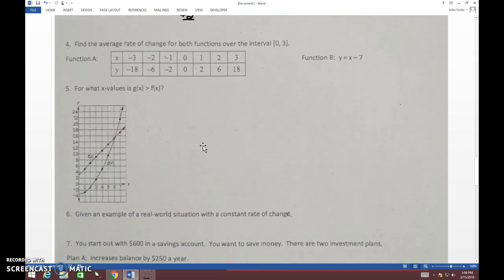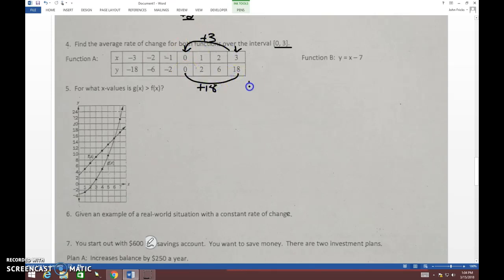All right. So in number 4, it said find the average rate of change over the interval 0 to 3. So that means we're using the x values of 0 and 3 here. So with 0 and 3, we know the difference from 0 to 3 is going to be adding 3. We know the difference from 0 to 18 is going to be adding 18.